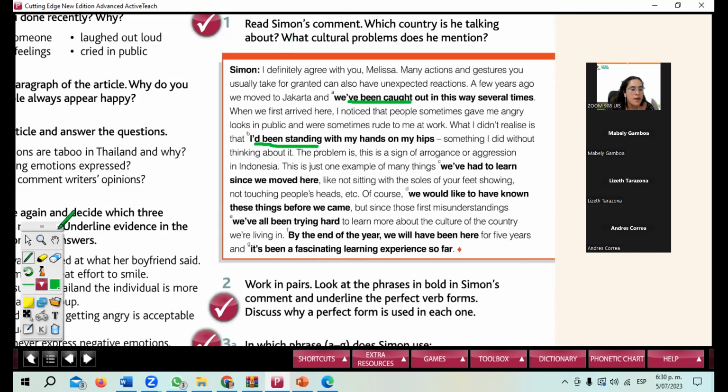Very good. Okay, Jeanette, in sentence C. Present perfect, simple. And what are the words that belong to this structure?